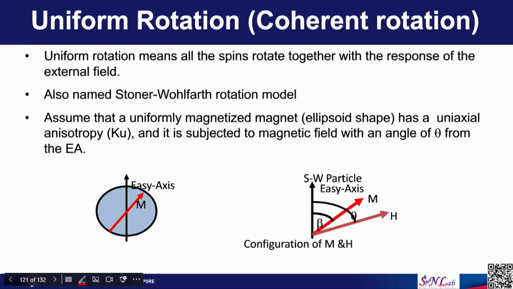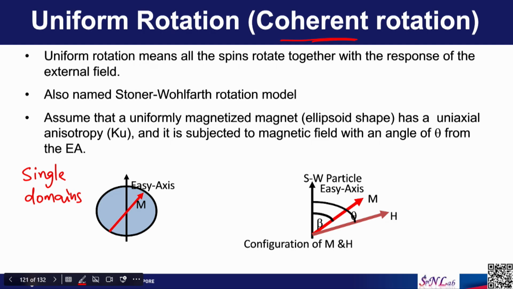Now, let us come to the second point. Second point is another type of reversal mechanism called coherent rotation. Okay. So, this happens when you have a system of single domain particles, which means your particle size is small. So, within that particle you do not have domains, it is a single domain. Okay.